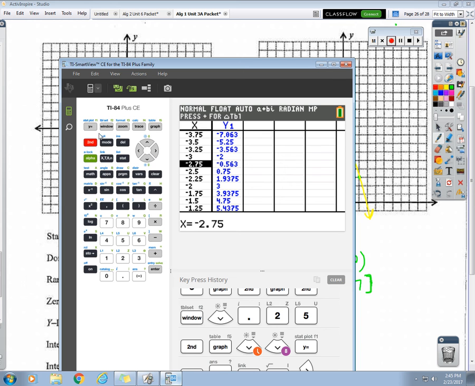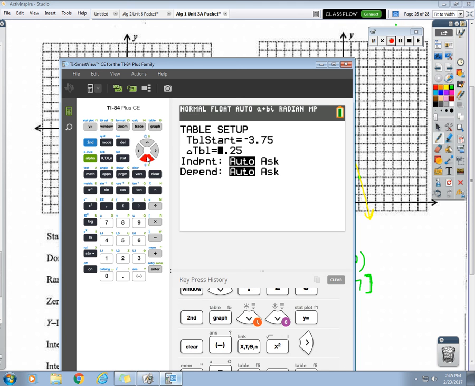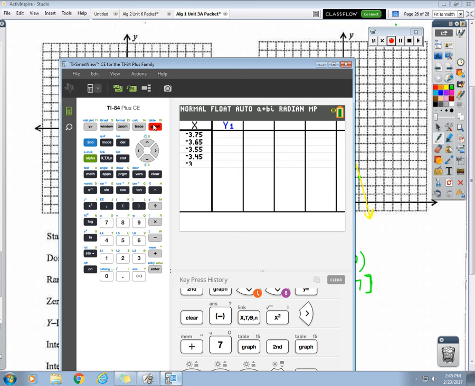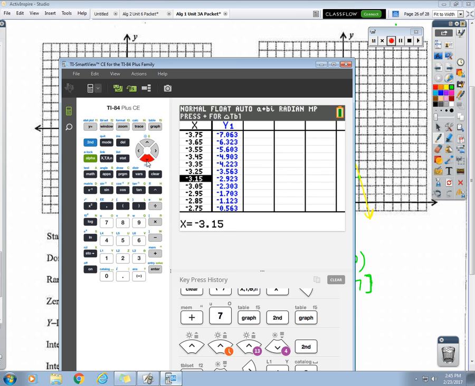Like if I change it and go by like 0.1, let's see if we can find it. Okay, so now let's go to the table. And now let's see if we can find a y value of 0. It's getting closer, but it's still not landing exactly on 0.